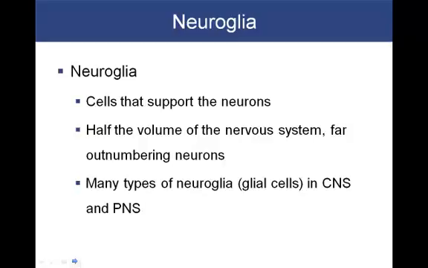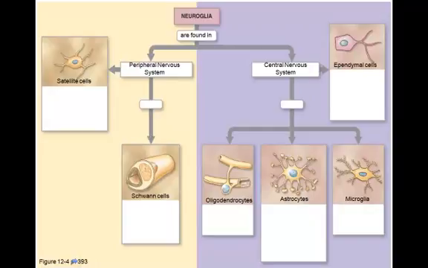If you look at the number of neuroglia cells compared to that of the neurons, we see that half the volume of the nervous system is composed of the neuroglia cells, and they far outnumber neurons as a whole. There are many types of neuroglia, found in both the central nervous system and the peripheral nervous system.